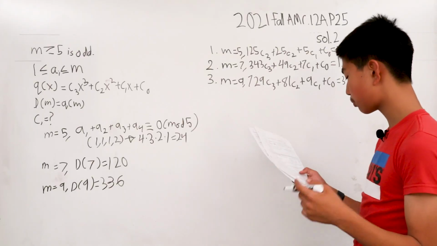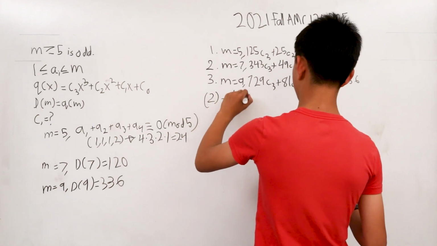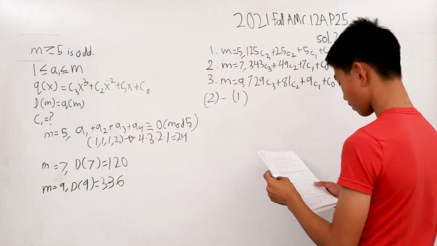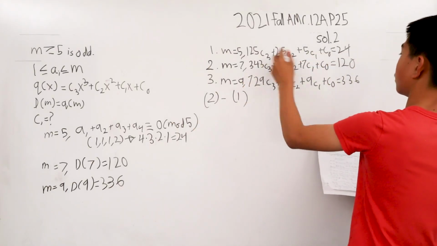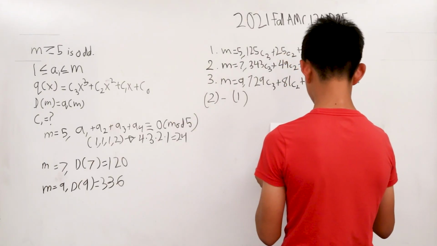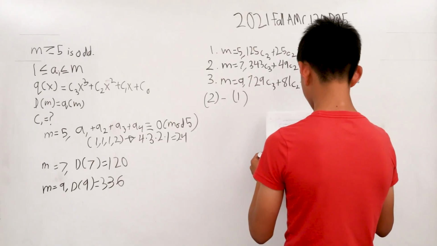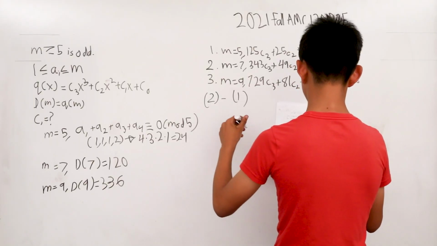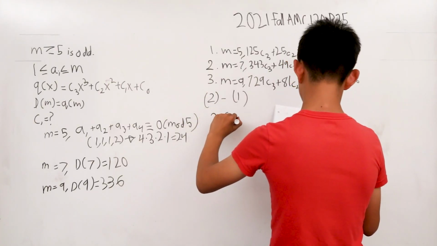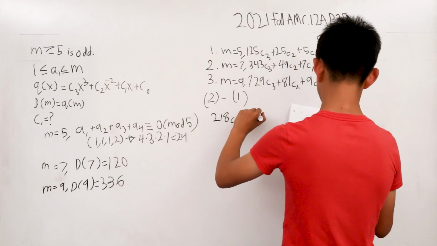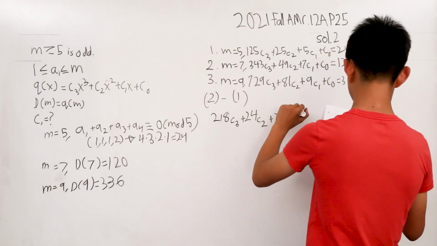But let's just subtract equation 1 from equation 2. You subtract the first two, and I'm just going to write this out. So this is simply going to be 218 C3 plus 24 C2 plus 2 C1 is equal to 96.